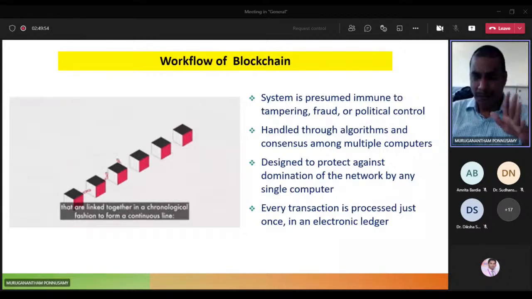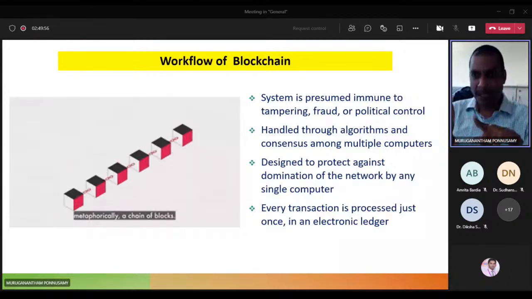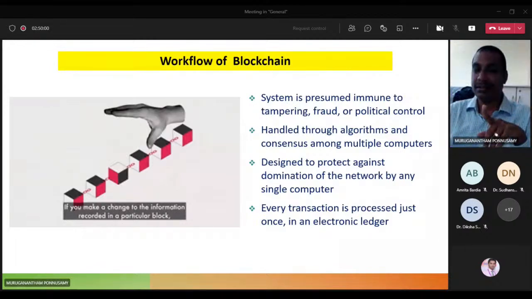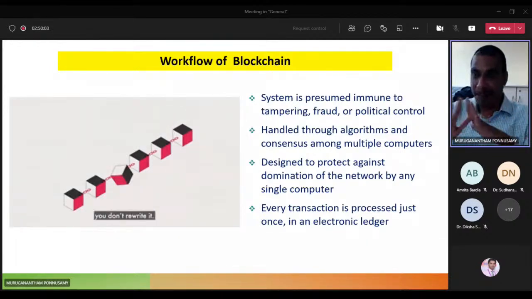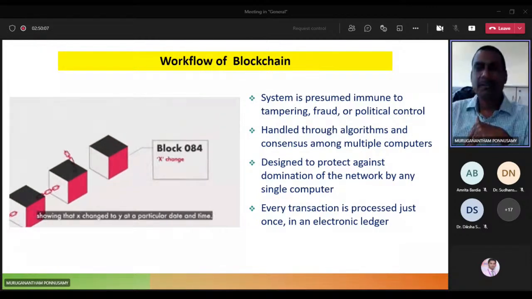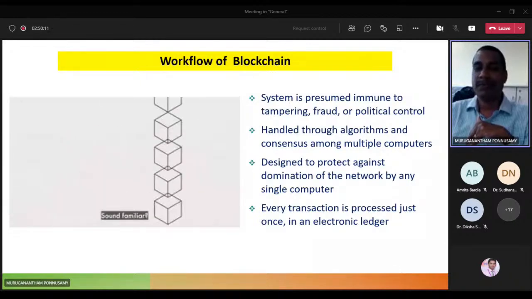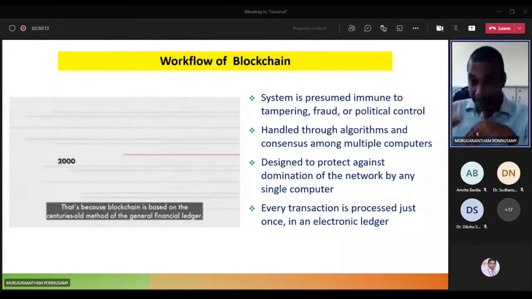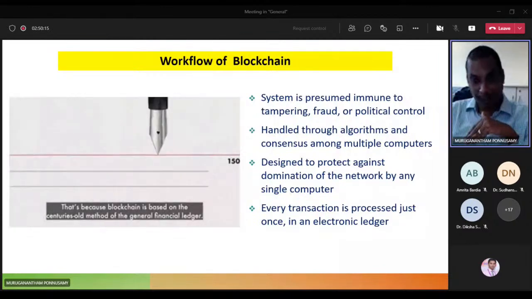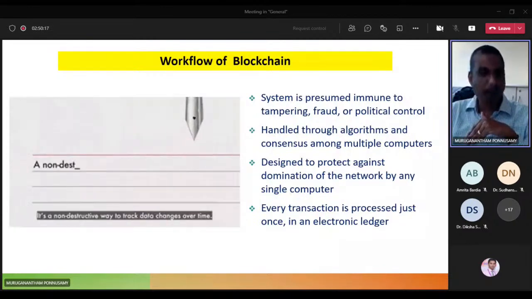If you want to transact anything, it will be recorded only once, in the electronic ledger. That process happens, so the block goes to the next level, as shown on the screen, block 084. When it gets changed again, it will go to 085, 086, and keep on.